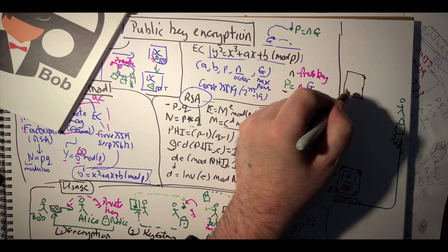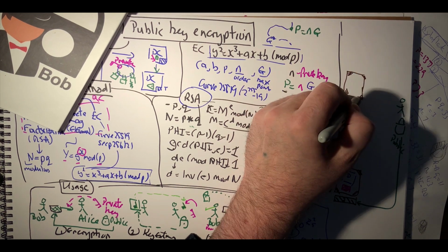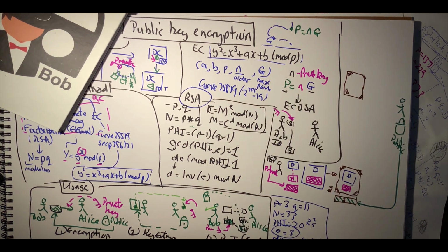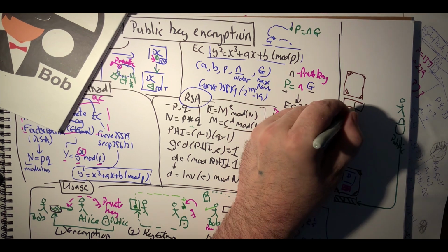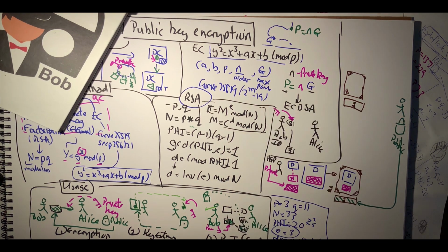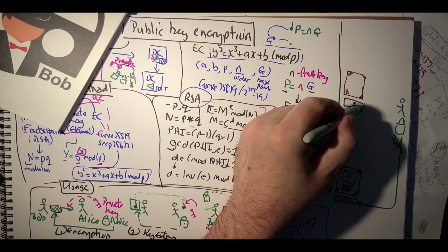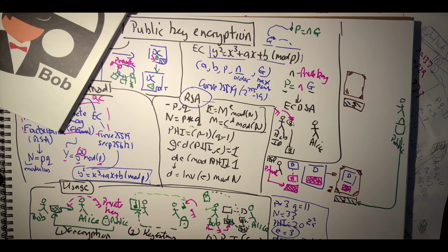So here we have the encrypted message, and we also have the encrypted symmetric key, which has been encrypted with Alice's public key.